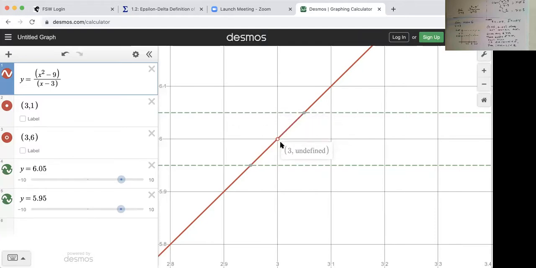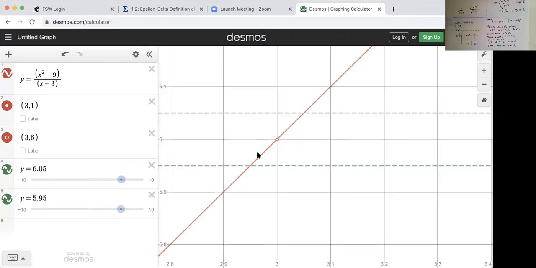Now this one is not, right? Because that one is, it's not undefined, it's actually 1. But again, what happens at that point doesn't matter. But we have found for all of the points near 3, we're able to choose a delta small enough so that all of the points near 3 have function values that are close enough to L within that epsilon window. That's what the formal definition of the limit means. That is what the epsilon delta definition is.